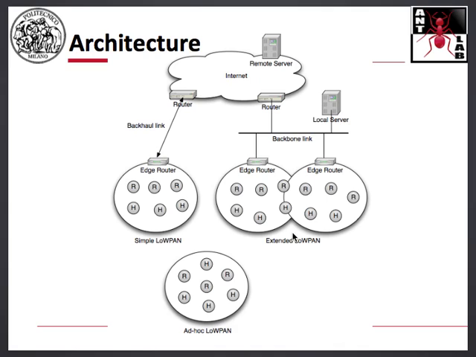Which are the differences here? The main difference, if we just focus on this simple LoWPAN topology here, from 6LoWPAN to ZigBee, is basically in the role of the edge router. What I mean is that the edge router in 15.4 usually implements some kind of protocol translation, meaning the PAN coordinator or the ZigBee coordinator speaks ZigBee underneath, meaning in the ZigBee network, and speaks something else up to the internet.